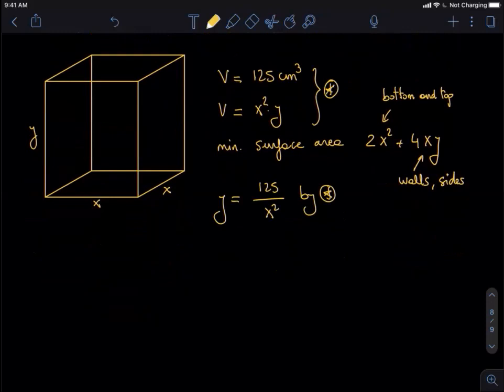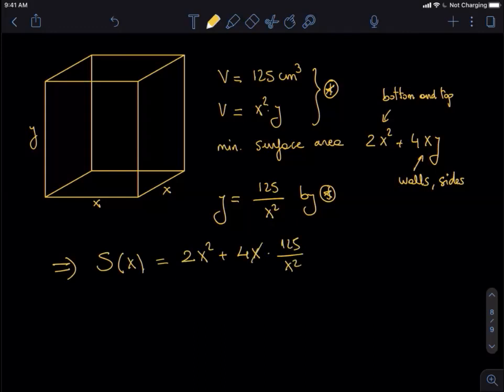And then with all these conditions, we have that the surface area as a function of x equals 2x squared plus 4x times 125 divided by x squared. And there is a cancellation there, 2x squared plus 500 divided by x.